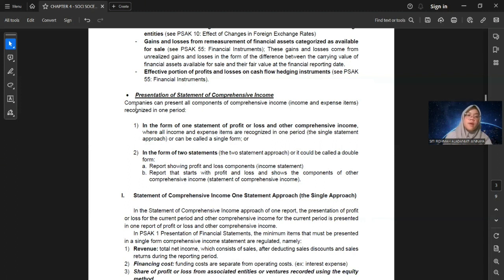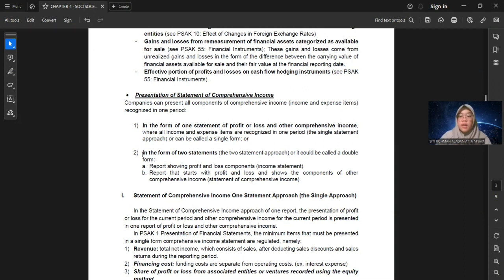The first form is in the form of one statement of profit and loss and other comprehensive income, where all income and expenses items are recognized in one period. We can call it the single statement approach, or single form.